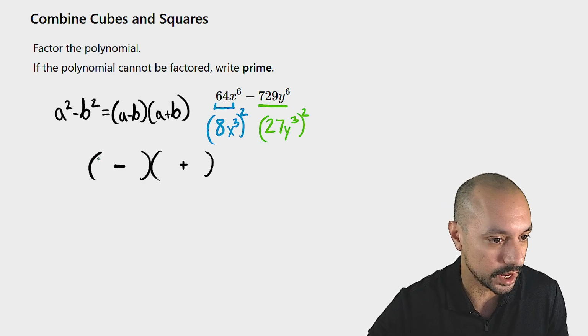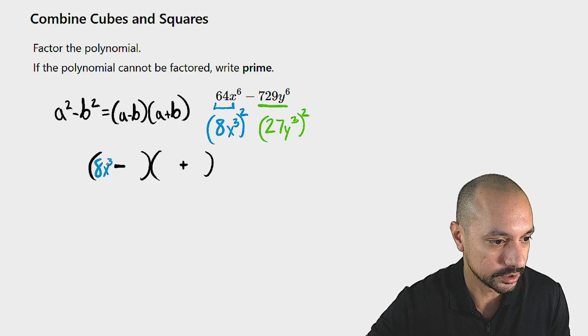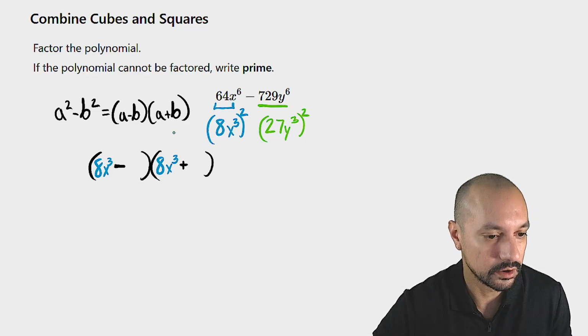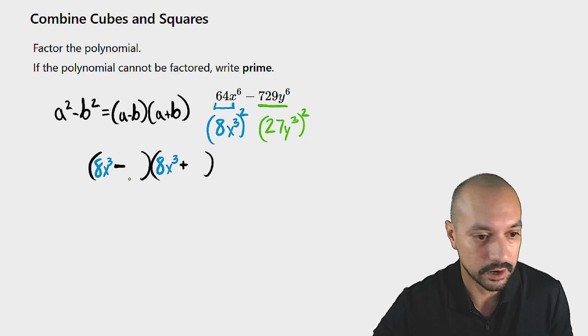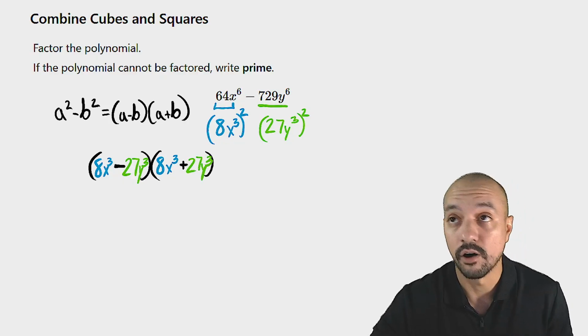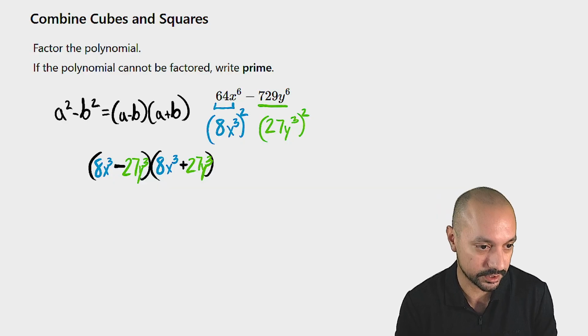So first the a. We already picked out the a. It is 8x to the third. Let me record it here as well. And we already picked out the b value, 27 times y to the third. All right, difference of squares is finished. We're done doing the difference of squares.